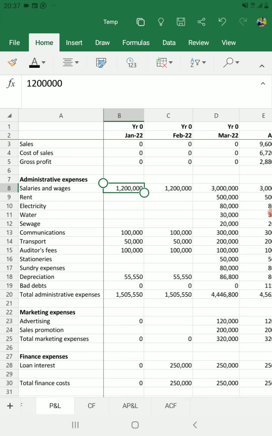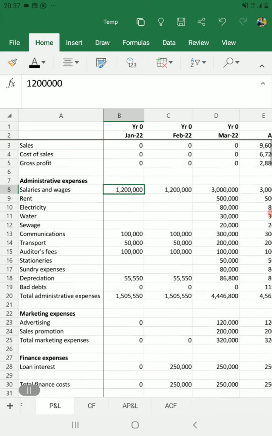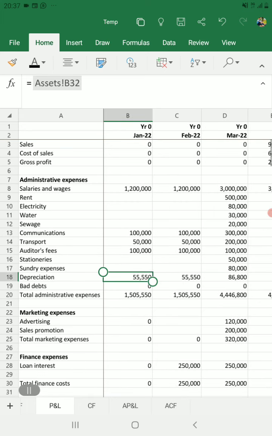The same for any other item. And even the depreciation can tell us about the potential for overestimating or underestimating the assets that are needed for this business. Okay, so that way we could correct and rectify the situation.